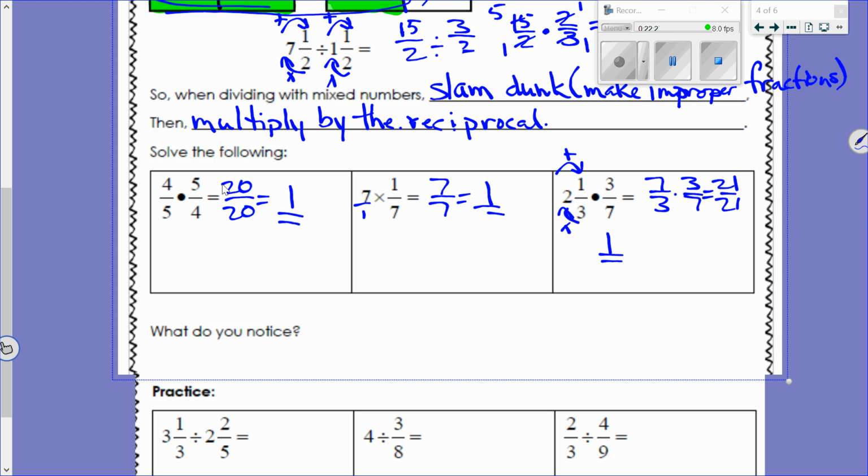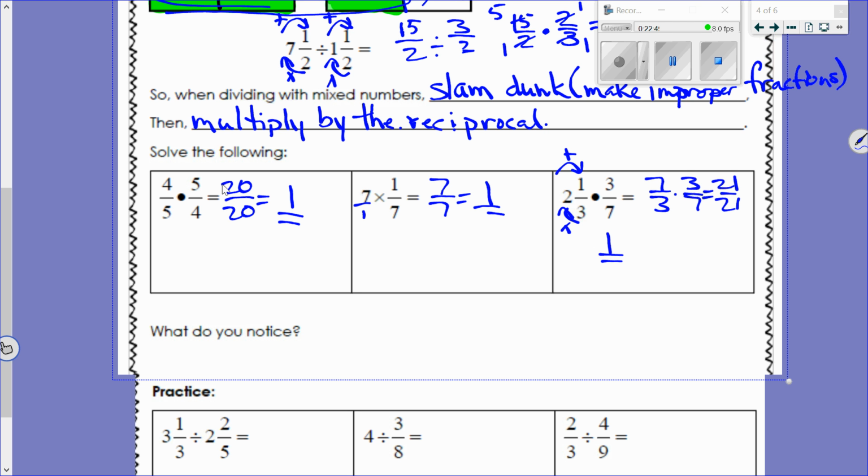Well, do you notice anything about the two numbers? Is there a relationship between those numbers? What do I call 4/5 and 5/4? 7 over 1, 1 over 7. How are those related? 7 over 3, 3 over 7. How are those related?